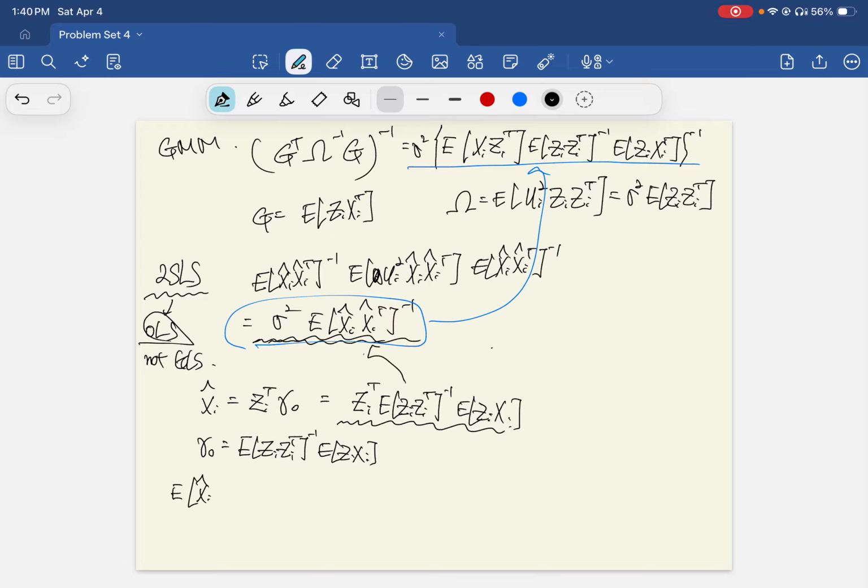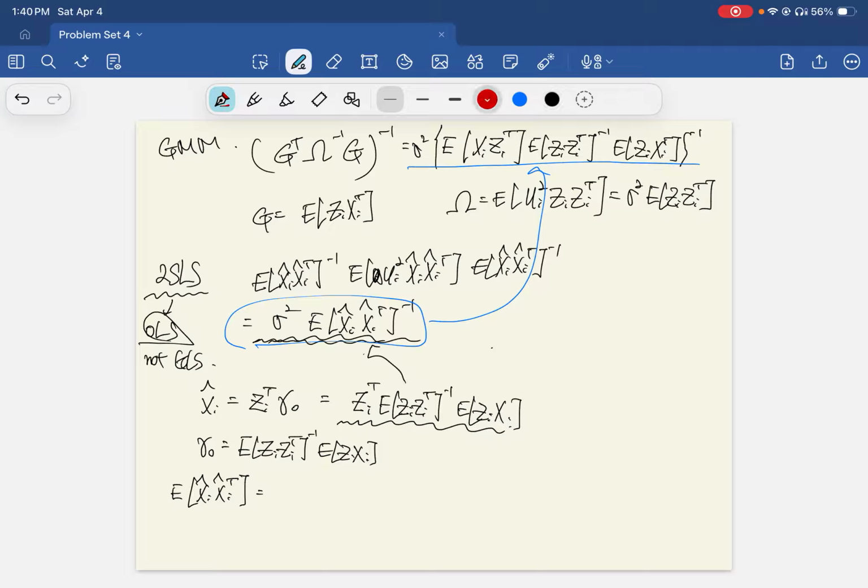Expectation xi hat xi hat transpose equals, oh excuse me, something is wrong. I'm not sure what was wrong. Let me see. The order is not right.